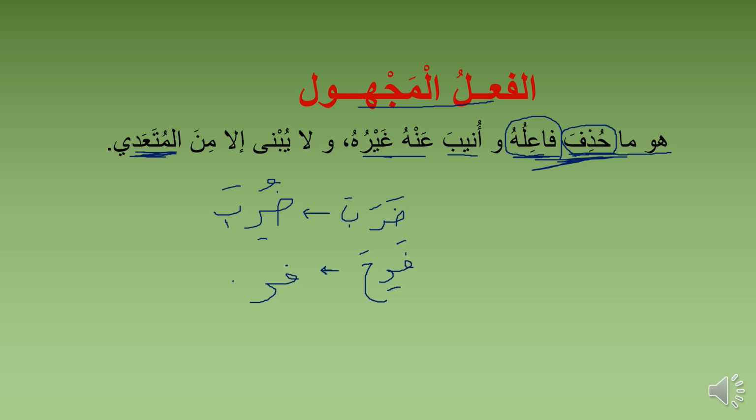Why? Because the fi'l is lazim. How can we translate furiha? Are we going to say he was happy? No. It's possible for us to make someone happy, and that is going to be faraha.